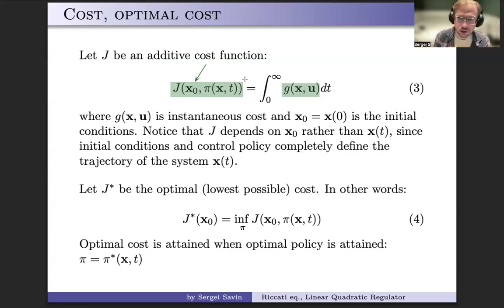So the cost depends on where you start. If you start on the trajectory and your control law, your policy, is able to drive you exactly along the trajectory, the way the inverse dynamics allows you to do it, then your cost would presumably be zero. But obviously, if you start away from the trajectory, the same control policy would produce a much worse outcome.